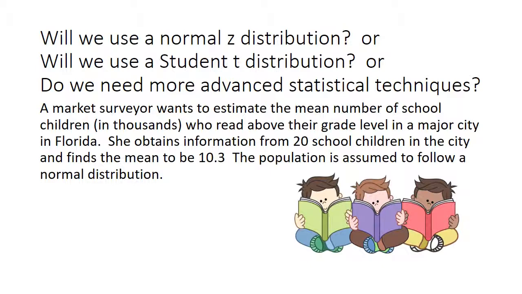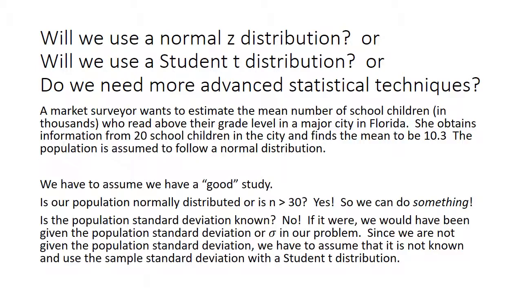We look and see, do we have a population standard deviation? And the answer is no. We do not know that. If we did, it would have been given. So we are going to have to use the data to find a sample standard deviation, and because of that, we will be using a student t distribution.